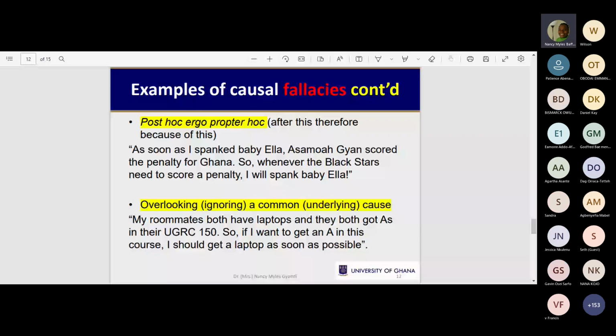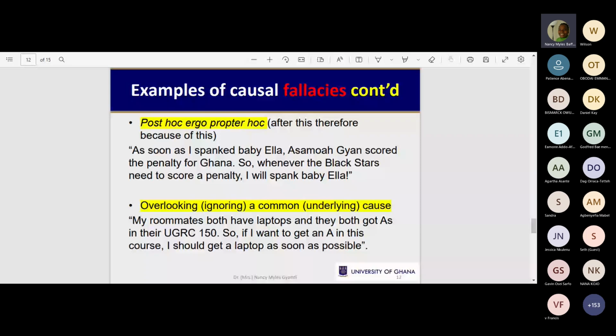Oh, I just changed the projection. Can anyone see it? Raise your hand, don't talk, so that we'll help Mabel there, so that her system will recover. I put examples of causal fallacies. Who can see that? Just raise your hand. Very good, I see quite a number of them. Mabel, has it come yet? No, please, let someone read quickly. We'll come back to you, okay?